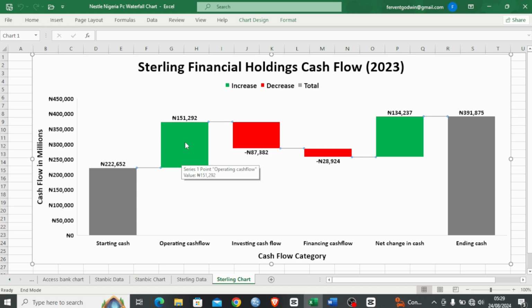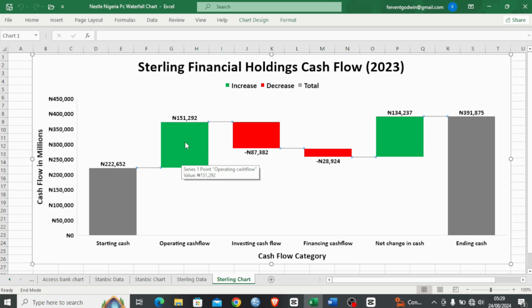And then they made an investment of 87 billion naira, which is actually significant.